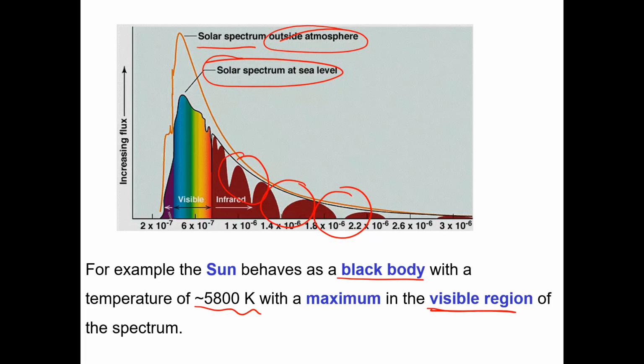All right. Now, what is doing the absorbing? Well, this is gases in the atmosphere. So gases in the atmosphere are absorbing the heat or the infrared light that is produced by the sun, and that's what warms our planet up. If we didn't have an atmosphere, surface temperatures of our planet would be a lot cooler.